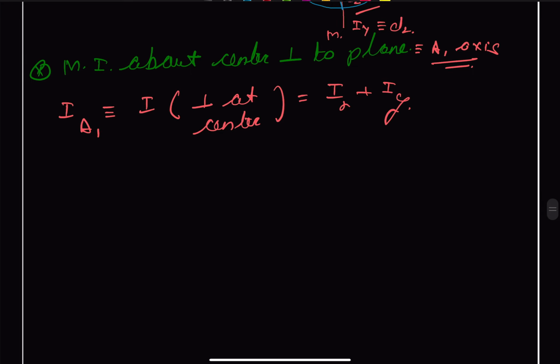So we can say for the disk, our I A1 passing through the center of mass. Let me rephrase this also.